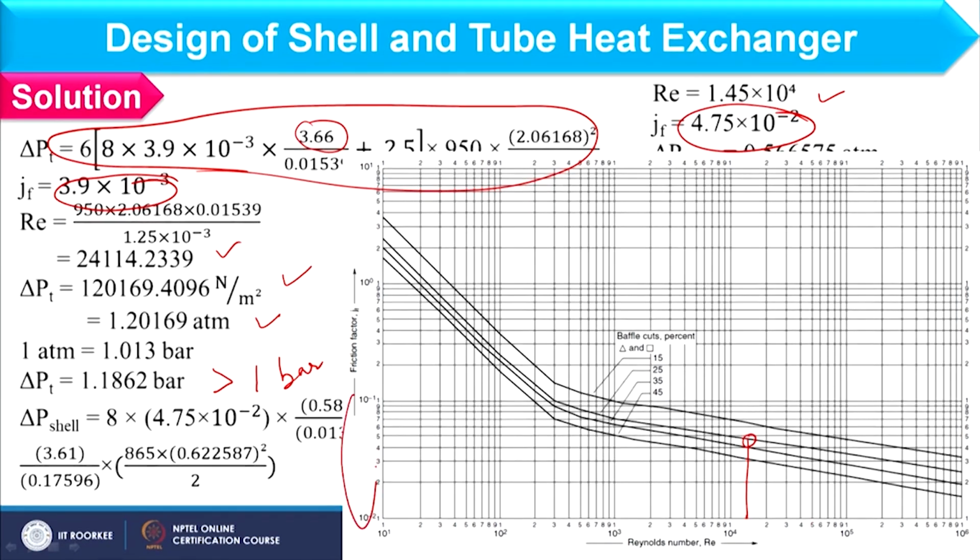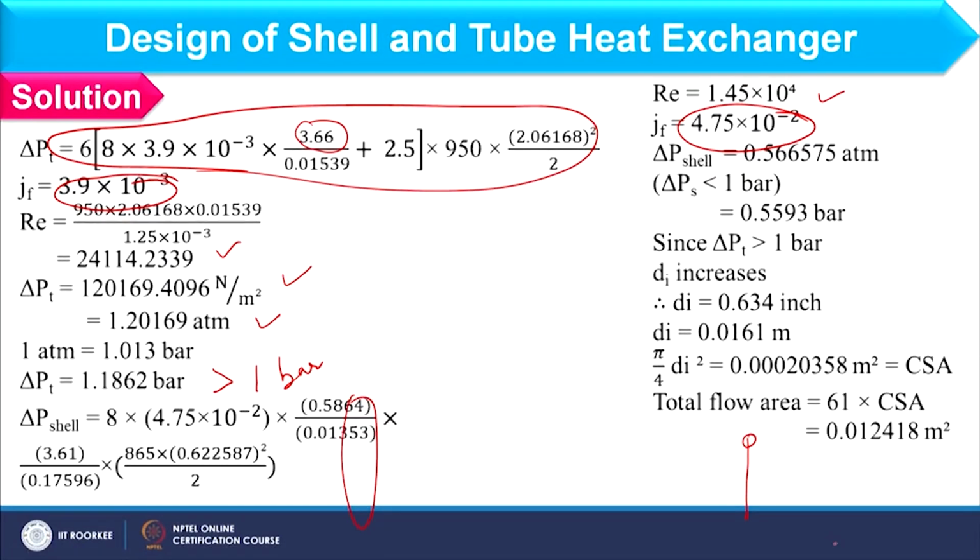As you see, this is the range of 10^-2 to 10^-1. Accordingly you can find out the shell side pressure drop, and here you again have to consider L effective. That you should keep in mind. Every time this will not be explained, but you have to keep it in mind, so do not make any mistake here. Considering all these values, shell side pressure drop we can obtain as 0.5593 bar, which is less than 1 bar.